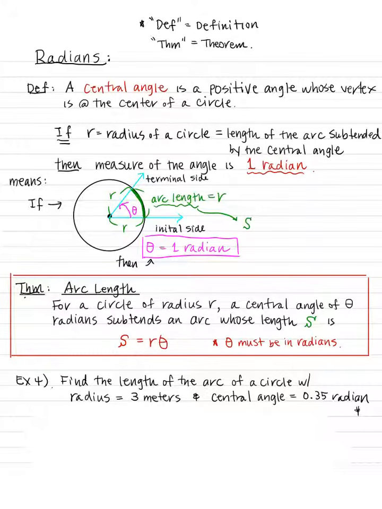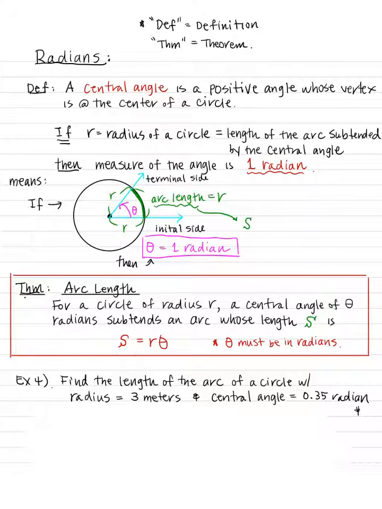So notice the radius is denoted by r, and the theta is measured as 1 radian. And the arc length is denoted by s. Don't worry, we're going to do some examples in a minute, but I just wanted you to get the visual picture of what 1 radian measure is.